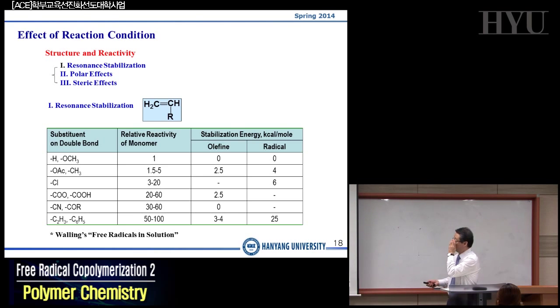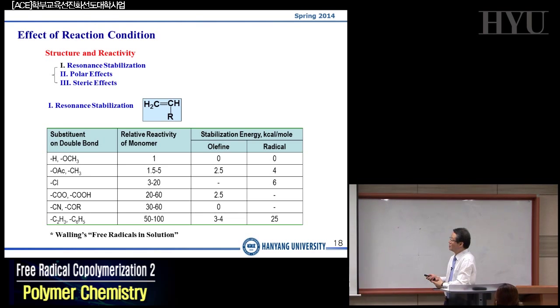Well, we will talk about the reactivity, but reactivity depends much upon the structure of your monomer. Structure of your monomer will greatly influence the reactivity of your monomer systems. And I think I will explain this structure and reactivity relationship in 3 points.